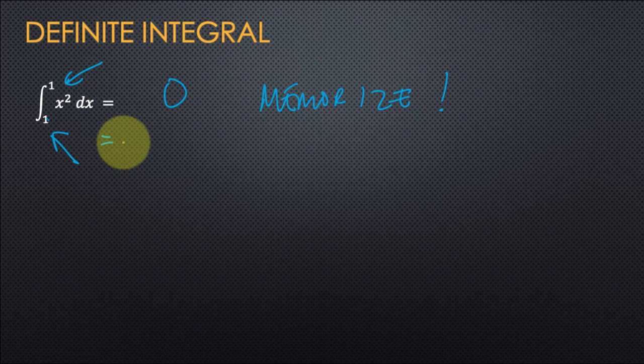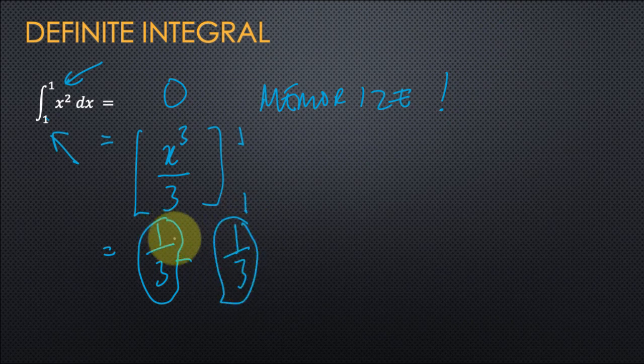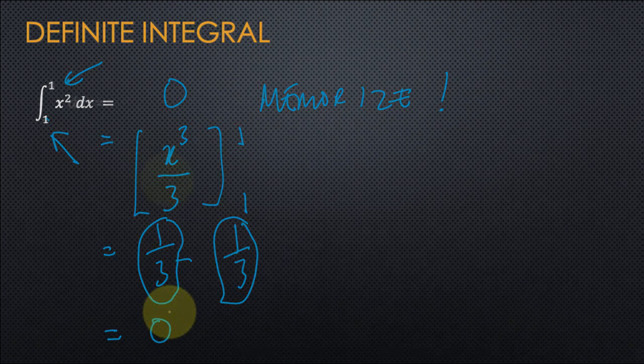If you want to work this out, this one is x cubed over 3. Whatever the function here is, if you have this one 1, this one 1, it's going to be 1 over 3 minus 1 over 3. So, if you substitute the value into x, you will have the same thing. That's why you get 0.